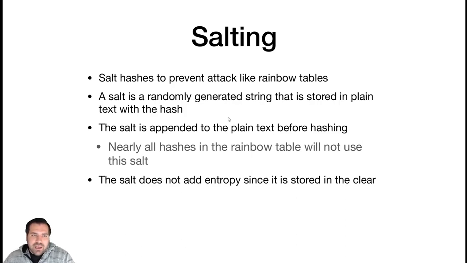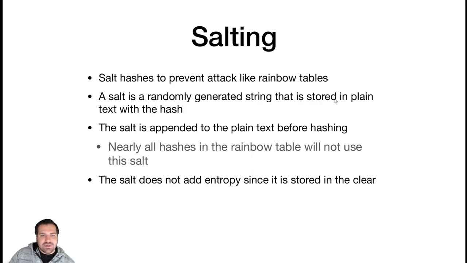We're going to generate a random string that's going to be stored in the open. So anybody compromising the database and obtaining the hashes is also going to have this salt. We're going to store the salt in plain text along with the hash, but we're going to append this salt to the end of the plain text password before hashing.